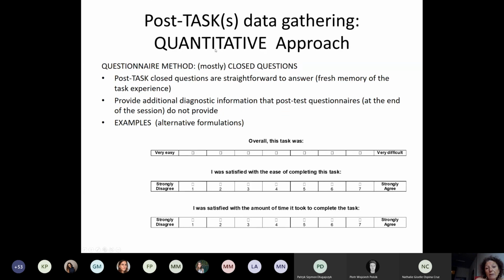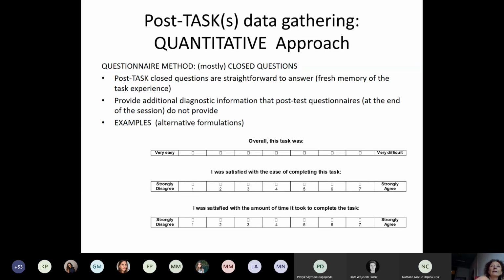The post-task closed questions are straightforward to answer because they have just done the task. If you have a question like this one, you can ask task by task. As I mentioned before, you can collect data at the end of each task. So when people are not using the system but have finished one task and are waiting for the other one.